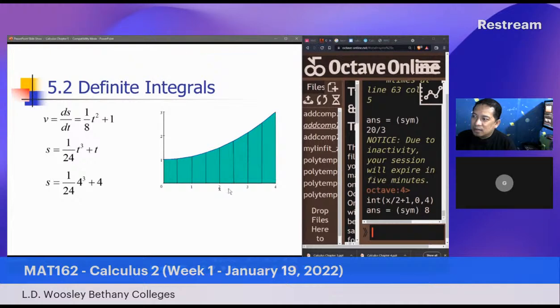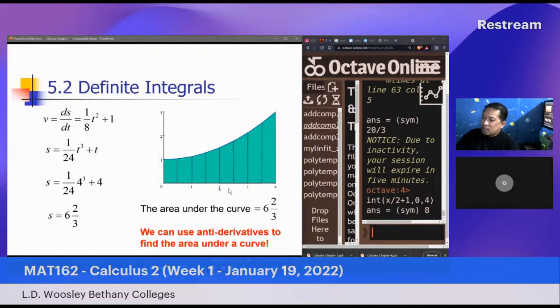Tama, no? 20/3 kanina tayo. 20/3 yung solution natin dito. Ganun din yung ginawa niya, integration. Ayan, 6 2/3 or 6.66, etc. We can use antiderivative to find the area under the curve.